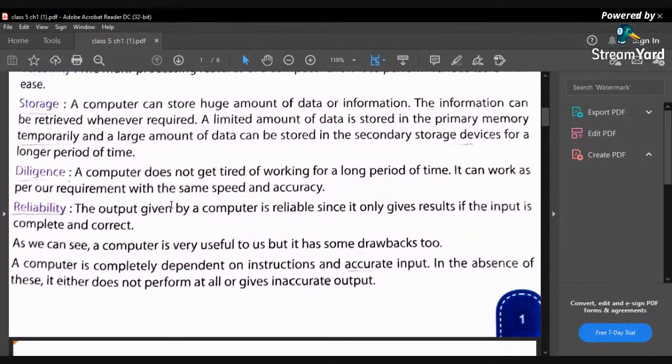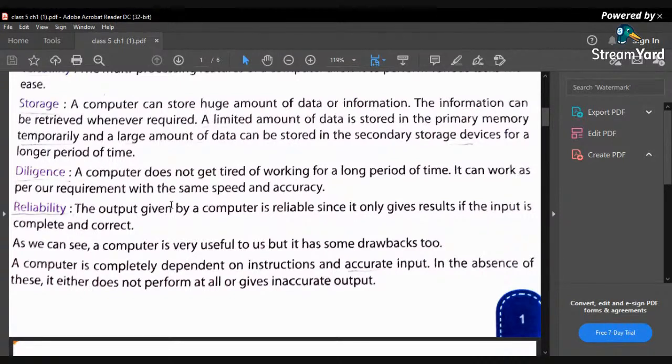The computer gives the same speed and same accuracy from the first time to the last time. When you start the computer, it does the work with the same result and same speed, and when you stop the computer, it is still the same speed.